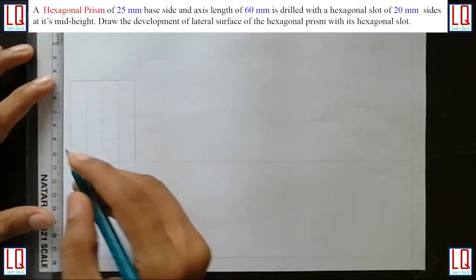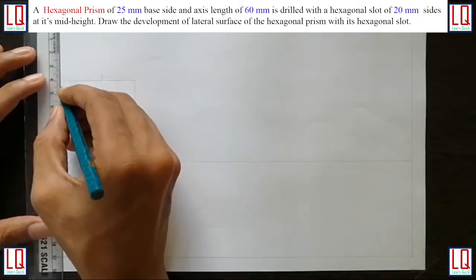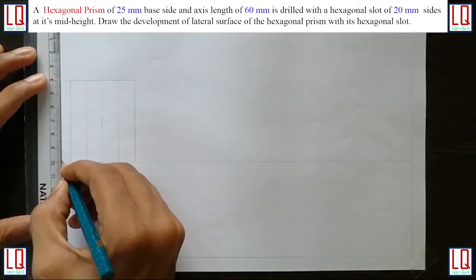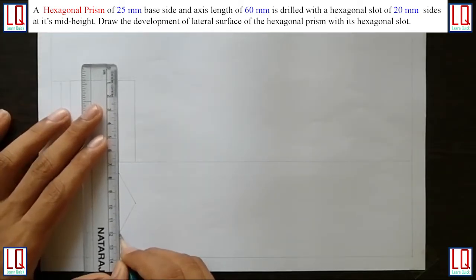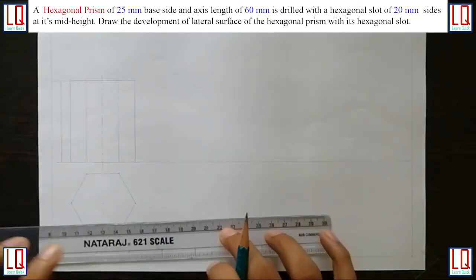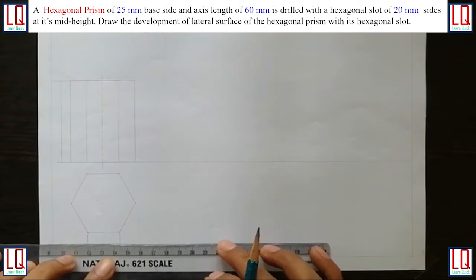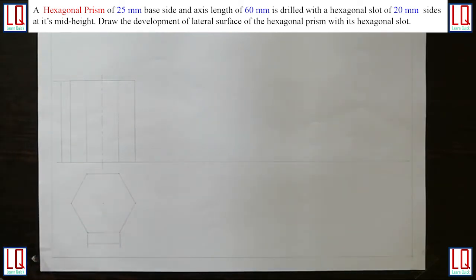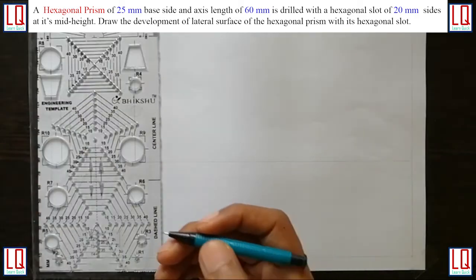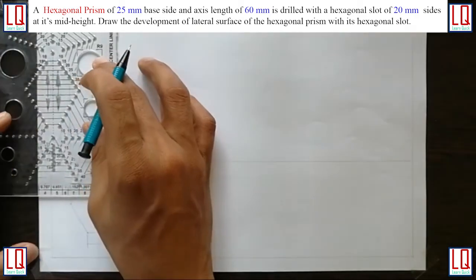I am dimensioning the height of the hexagonal prism. And now I am dimensioning the base edge of the hexagonal prism. You can use your engineering template to draw the arrowheads in dimensioning.